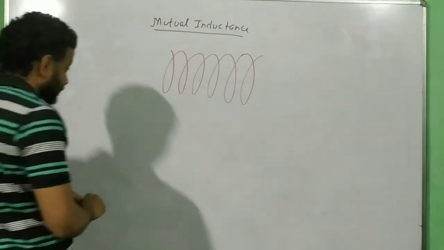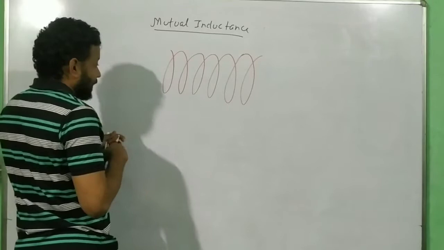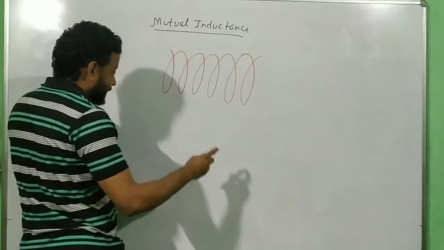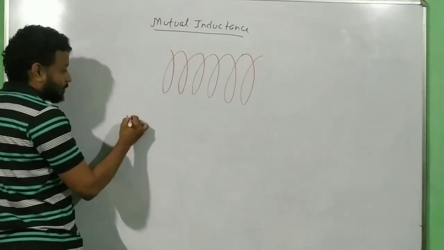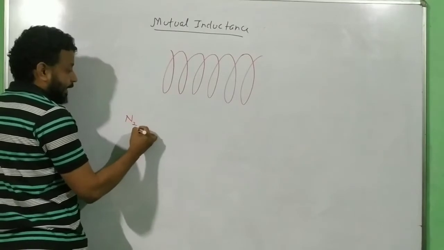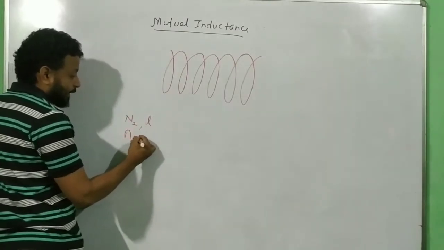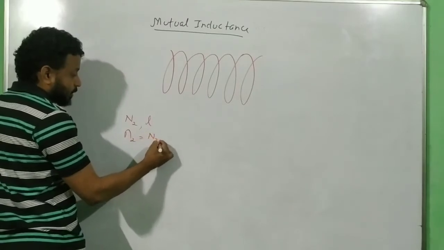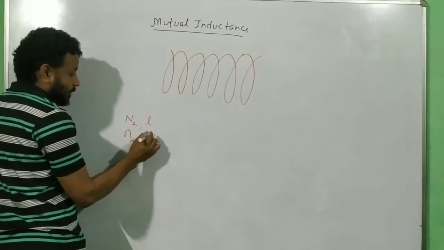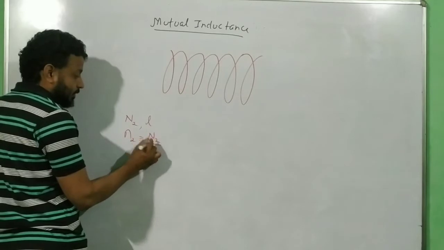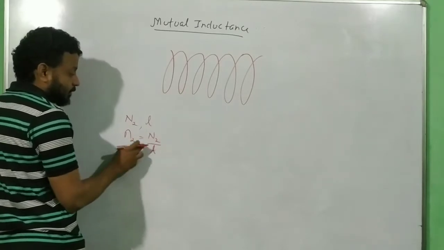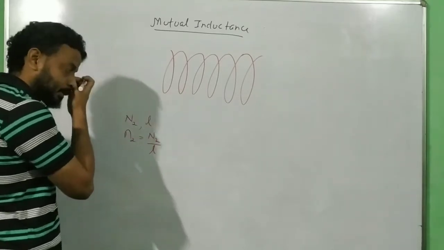And this coil, let us say, has a total number of turns N2 and a length L. So I can define small n2 as the total number of turns divided by length L, that is, the number of turns per unit length.